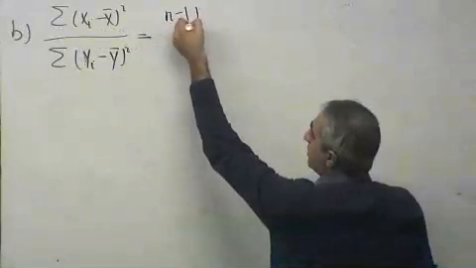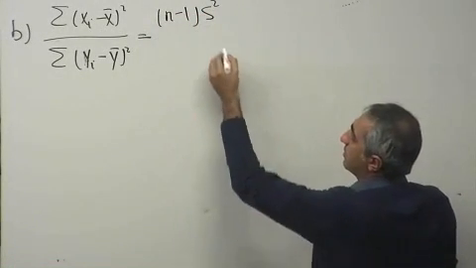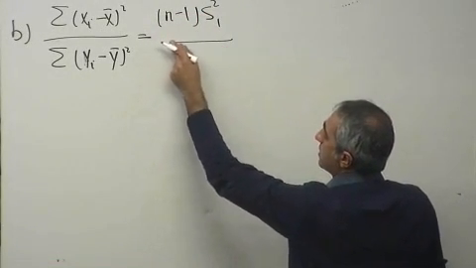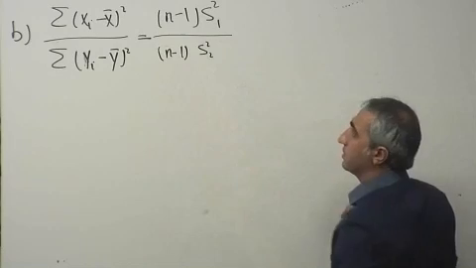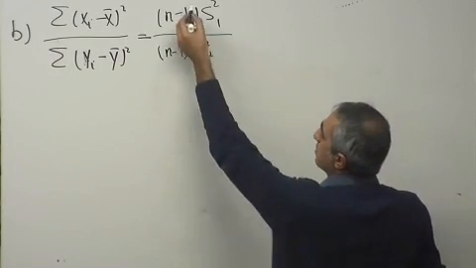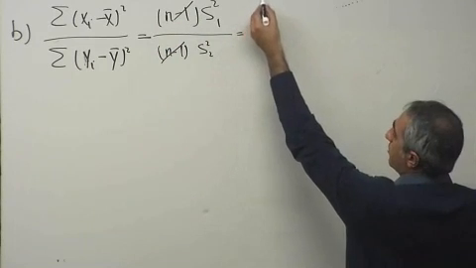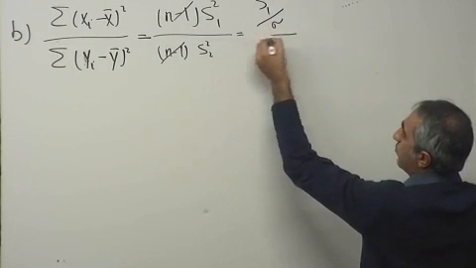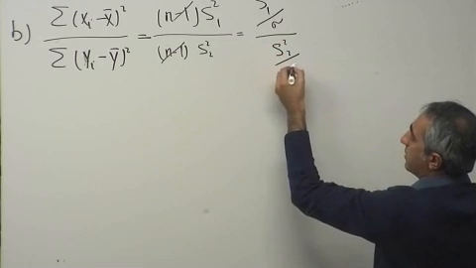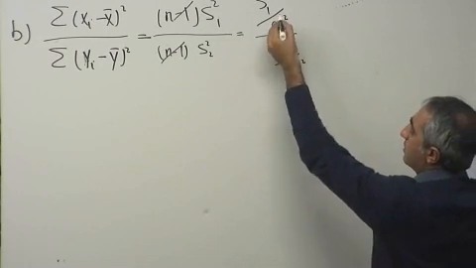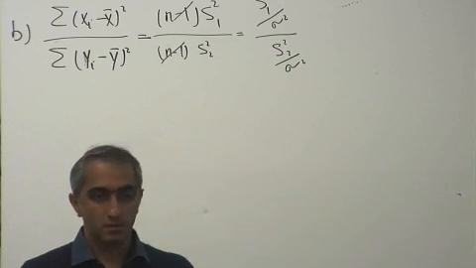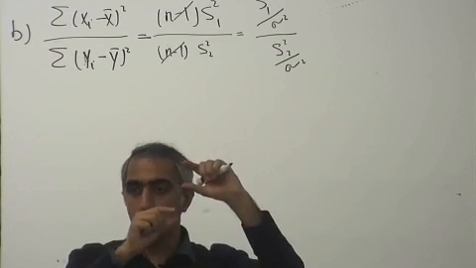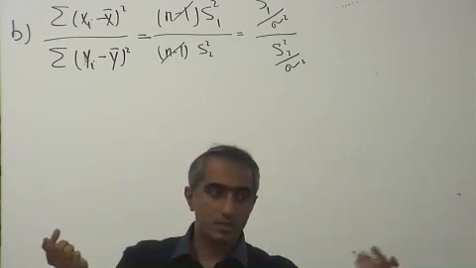So this is n minus 1 times S1 squared, and this is n minus 1 times S2 squared. Simplify these two. Both numerator and denominator, I divide by their corresponding variances, which are the same. Why? Because I want to create an F distribution. This is the ratio of S1 and S2, so the ratio is probably related to F.